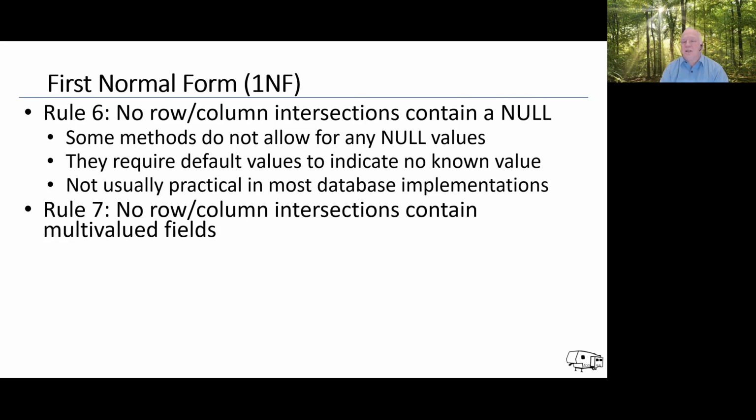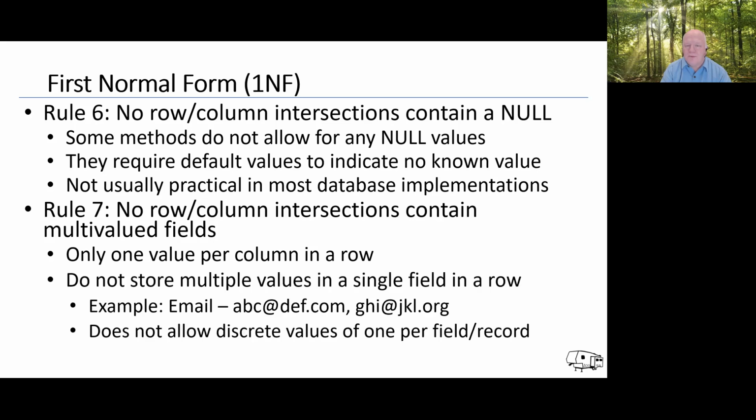Their seventh rule is that no row or column intersection contains multi-valued fields. And this can be exemplified by those that have comma-separated lists in a value. If you were putting into a field value 1, comma, value 2, comma, value 3, then that screams that you need to put that into a separate table, because you want only one value per column in a row.